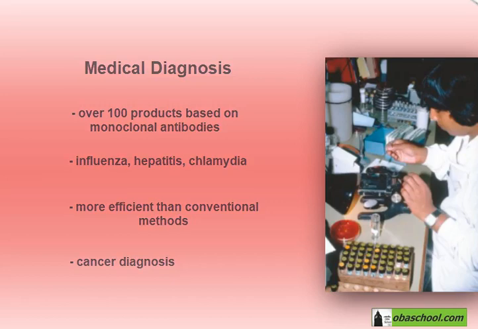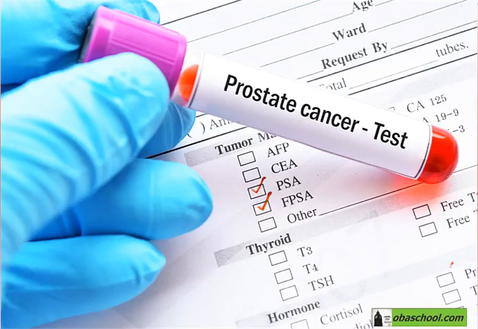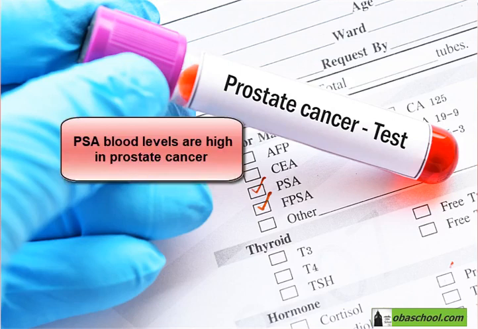For example, prostate cancer in males produces a higher amount of a protein called PSA, or prostate-specific antigen. So in males that have prostate cancer, we usually have a high level of PSA in the blood.